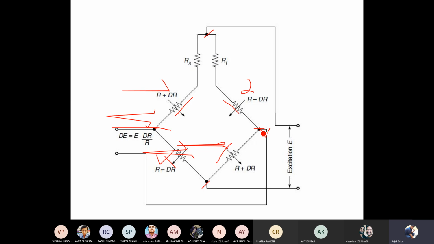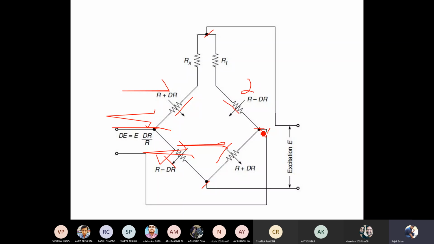But even if I'm not doing anything, because of the variation in the surrounding temperature, and as you know the resistors have a positive temperature coefficient, that means if the temperature increases, the resistance is going to increase. So whenever the temperature changes, the resistance of the different resistors changes, because of that unbalance will occur, and voltage is going to appear here.